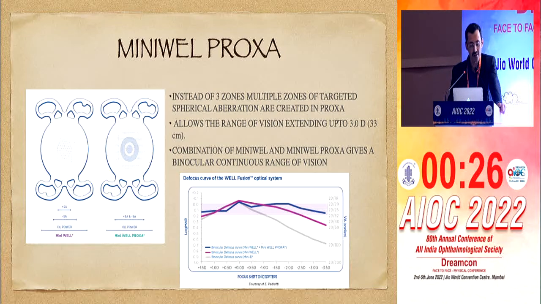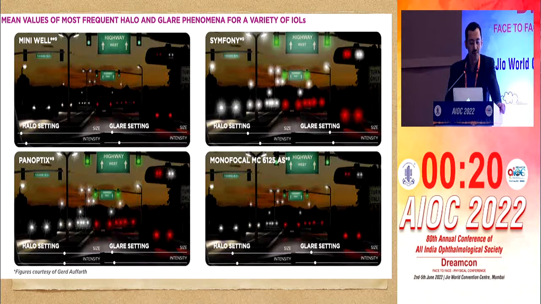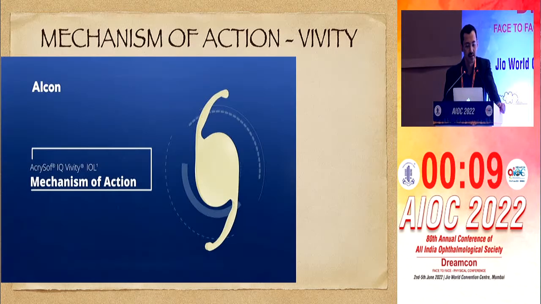So the binocular vision is good when you use Mini Well and Mini Well Proxa in each eye. If you look at the photic phenomena, Mini Well is comparable with the monofocal lenses and is definitely better than Symphony and Panoptix lenses.